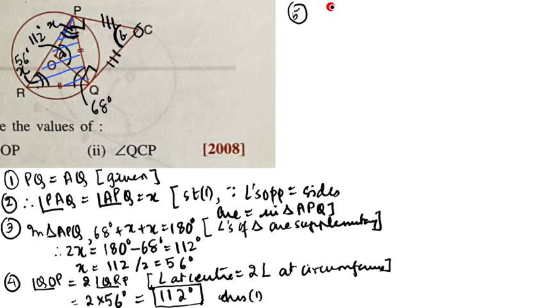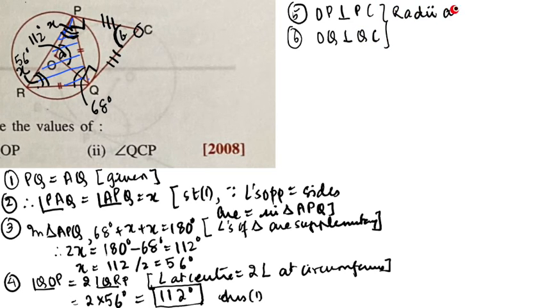So we are going to say OP is perpendicular to PC, and statement number 6, OQ is perpendicular to QC. And here for both of these we'll say radii at point of contact are perpendicular to the tangents.